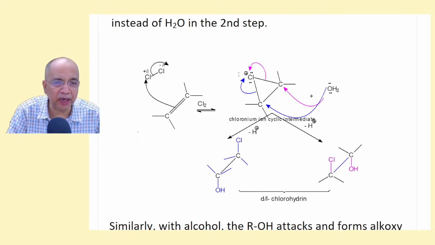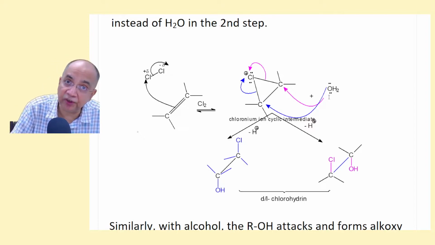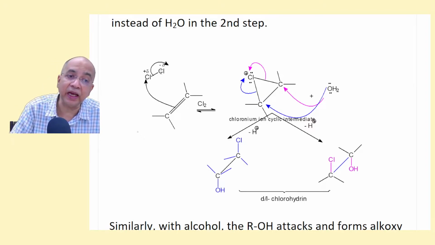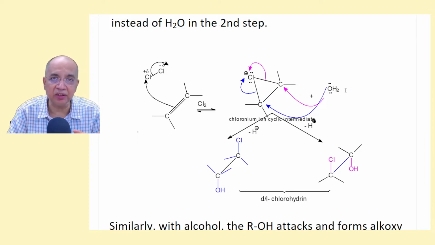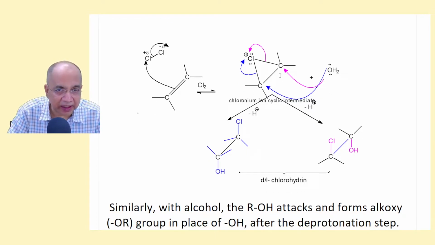A chloronium ion joins to form a bridged chloronium ion intermediate. This bridge. So there is a competition between the nucleophilic solvent water and chloride ion, the chloride ion which has been expelled. So water will take the lead because it is present in large excess. So water can attack here so that the chlorine will be standing up.